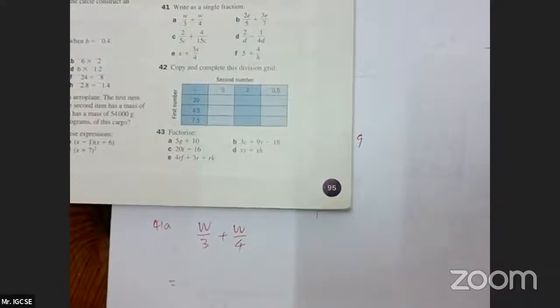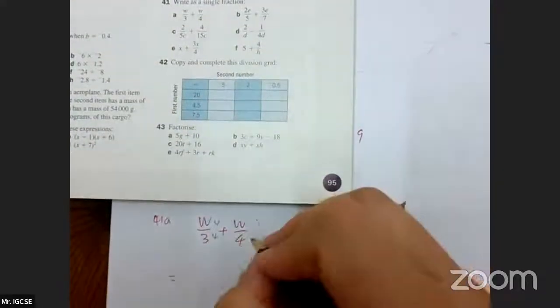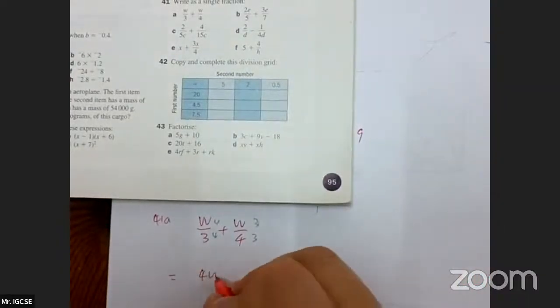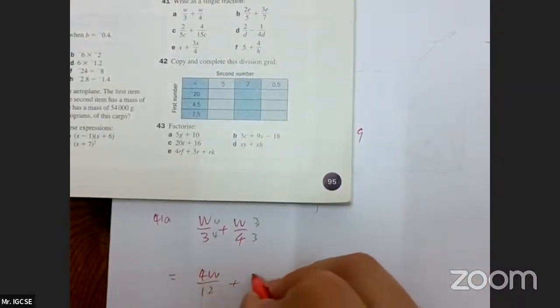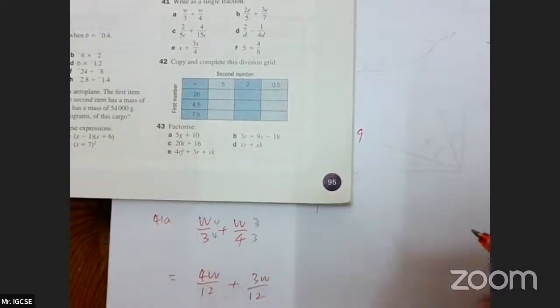So this one you need to times the 4, and this one is 3. So the answer will become 4W over 12 plus 3W over 12. Your answer is over 12, and 4 plus 3 is 7W.